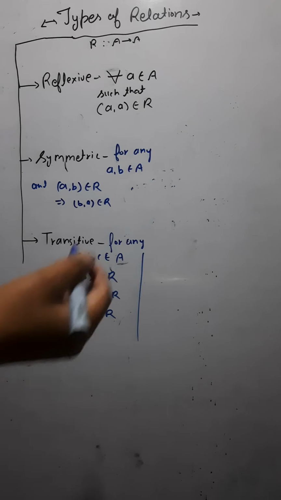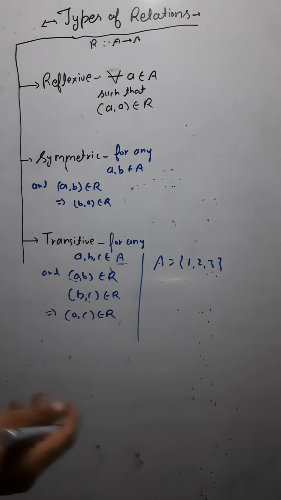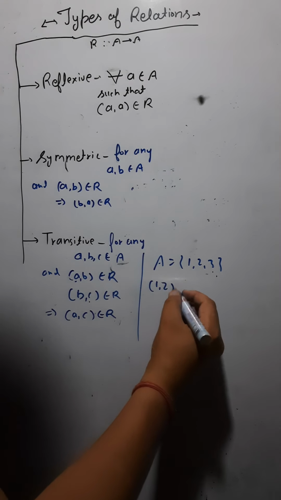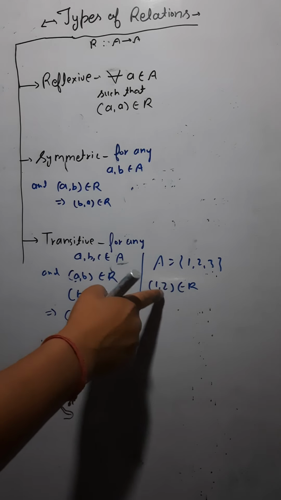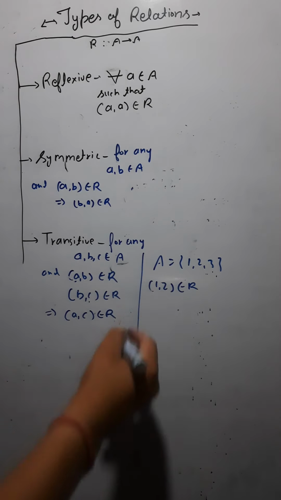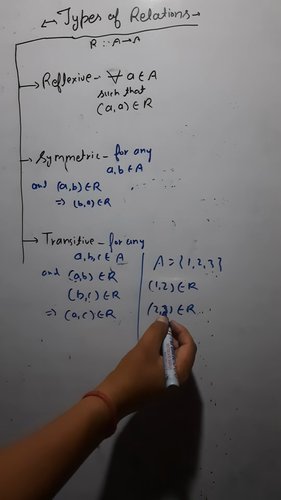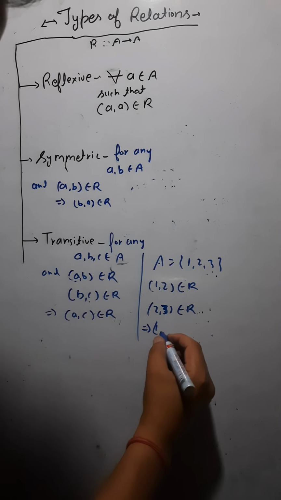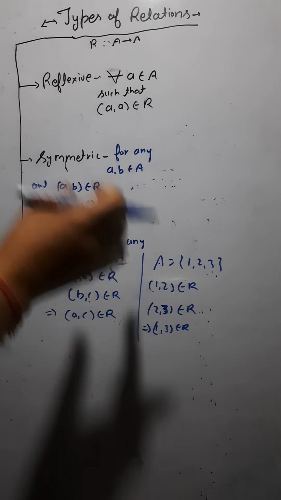Okay, let's say we have a set A which contains three elements 1 comma 2 comma 3. Okay, and we have three ordered pairs. Let's say we have 1 comma 2, that belongs to R. Then we have another, 2 comma 3, which also belongs to R. Then if the first and the last, means if 1 comma 3 is also there in R, then you would call such relation as transitive relation.